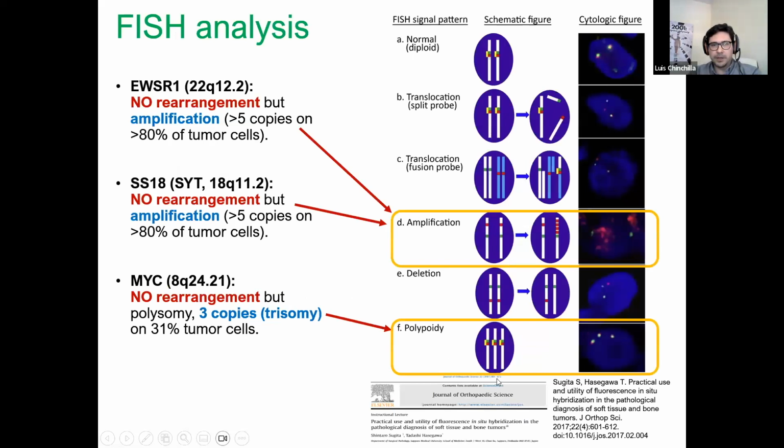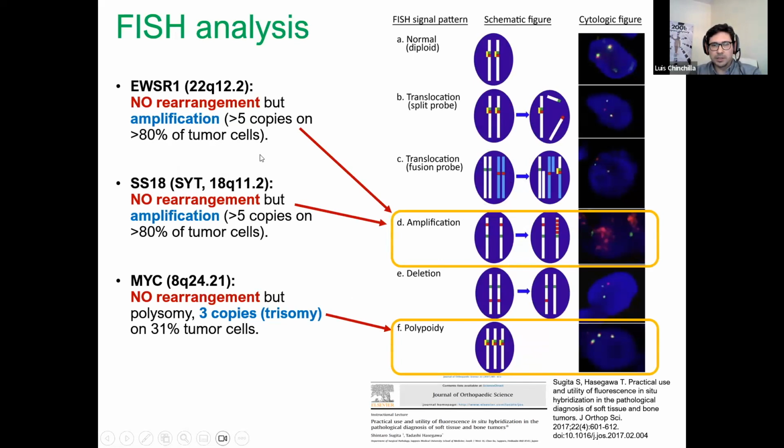We also performed FISH in this case. I don't have pictures of the FISH, but this is an illustrative image from this paper here. We didn't find rearrangement of EWSR1 and SS18 or SEAT.